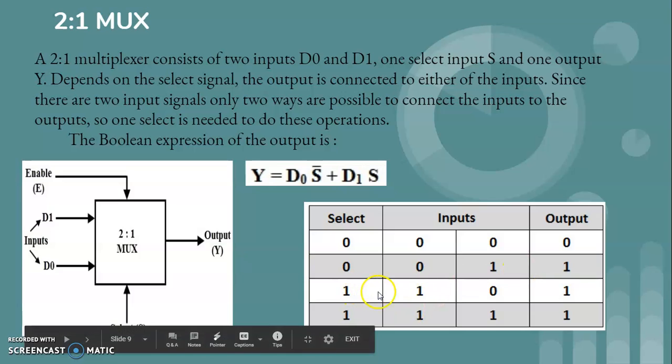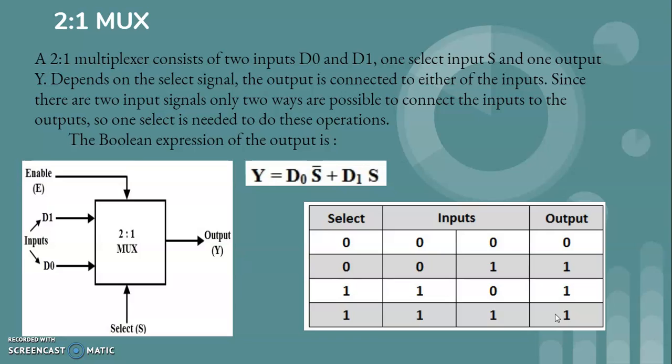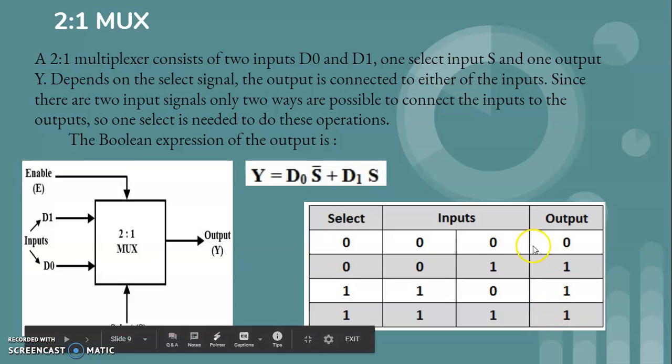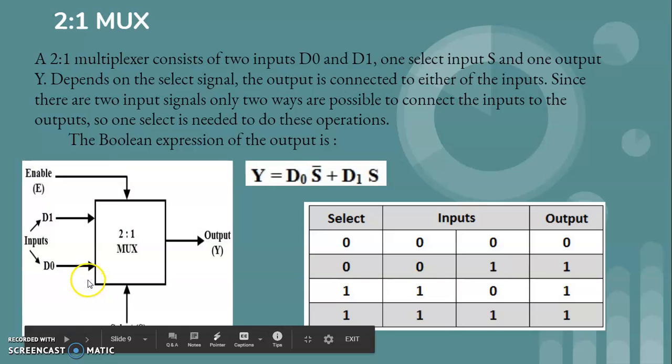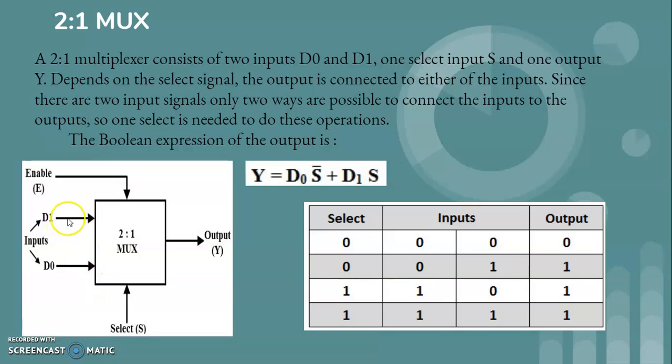If select line is high and first input is 1, second is 0, then it will produce output as 1. And if select line and both the inputs are 1, it will give the output as 1. What does it mean? If the select line is 0, it will select the D0 input line. Otherwise, it will select the D1 input line.